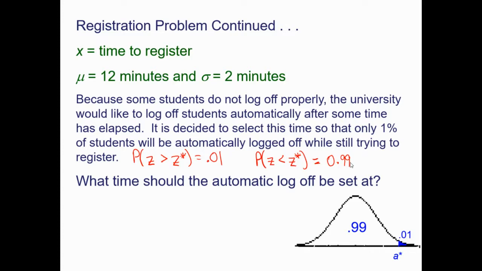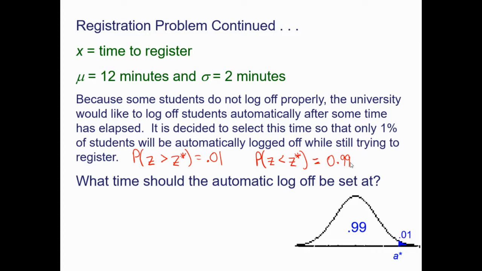How do you establish that it's Z greater than Z star? Here they want the longest 1% to be logged out. Since they want the longest 1% to be logged out, that means Z needs to be greater than some value.